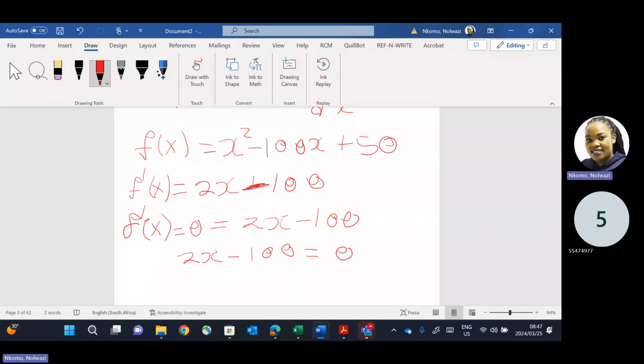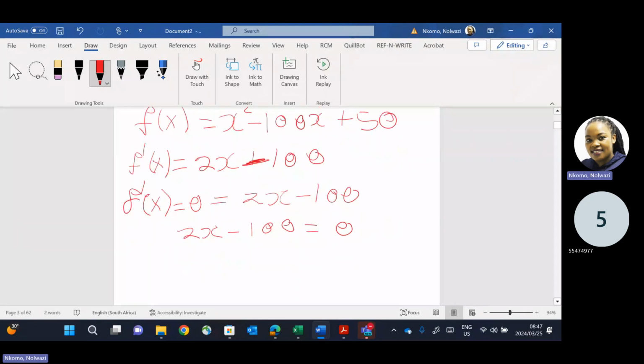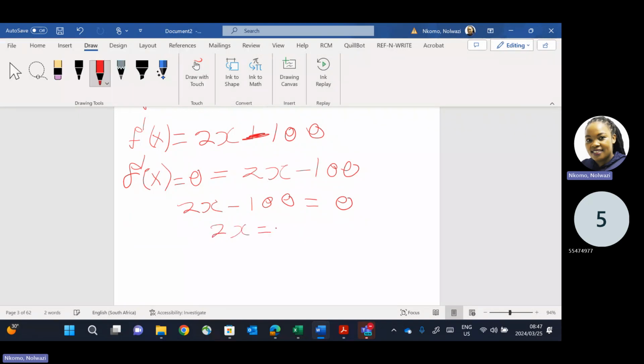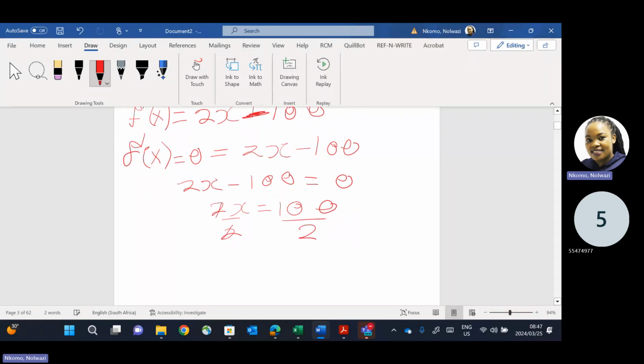Then you solve for x. You'll have 2x equals 100. You divide by 2 on both sides, and you'll have x equals 50. I'll call this x star.